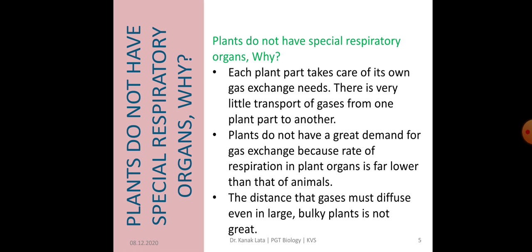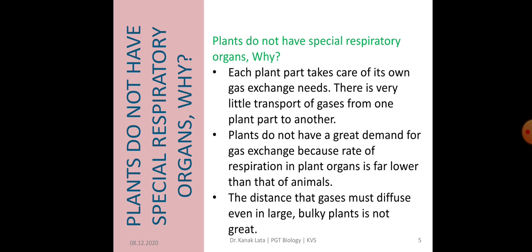Now we will know why plants do not have special respiratory organs. This is due to three reasons. First is that each plant part takes care of its own gas exchange needs, and there is very little transport of gases from one part of the plant to another part of the plant. Second is that plants do not present great demands for gas exchange.